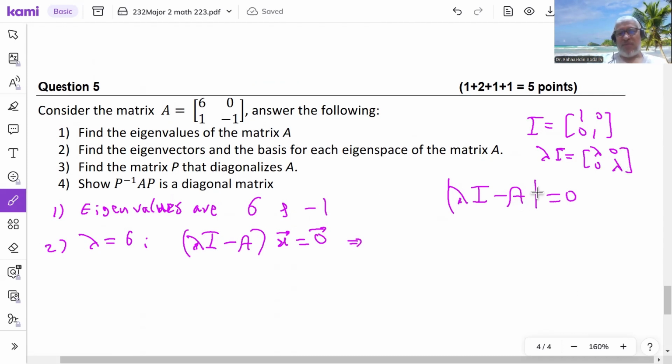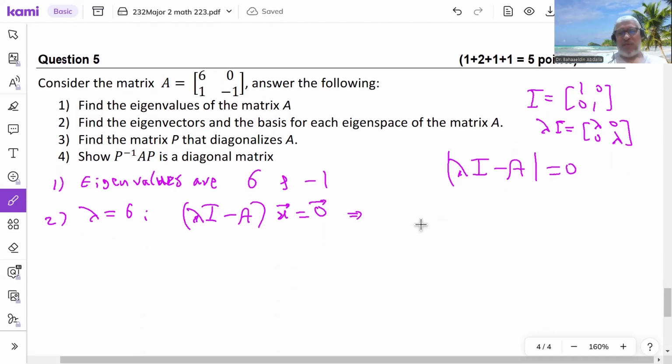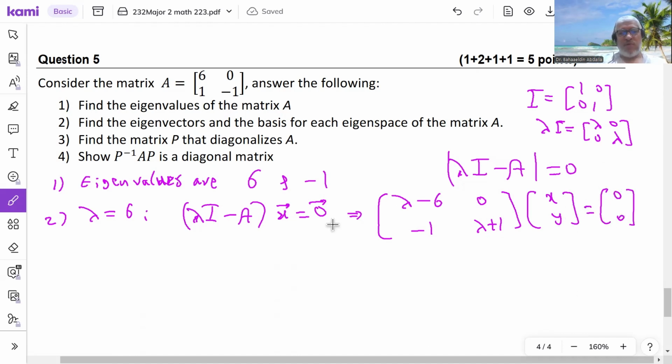Now subtract A. So you will get lambda minus 6, minus 0, minus 1, and lambda minus negative 1. So this would be lambda I minus A. I need it as a matrix, multiplied by x and y, the variables, equals the 0 matrix, 0, 0.